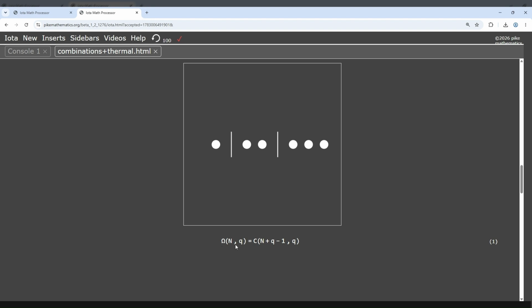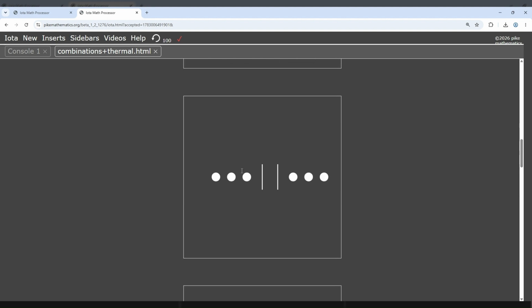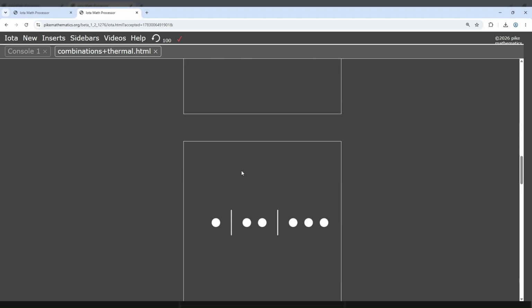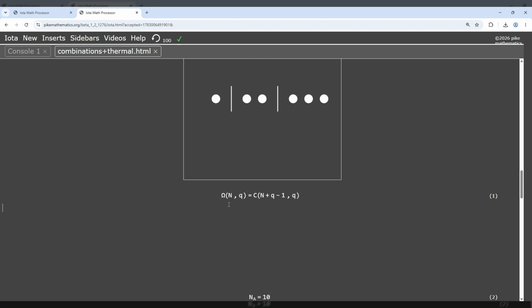So I went ahead and created this omega function and made it equal to this combination function that Iota already understands. I showed you three examples here of different ways you could organize those energy units, but how many total ways can you do it? Well, let's use that omega function. I go backslash capital O and then lowercase m. That gives me omega. And how many oscillators do I have?